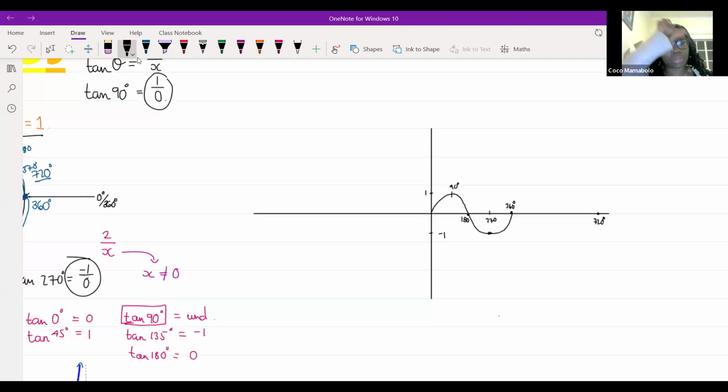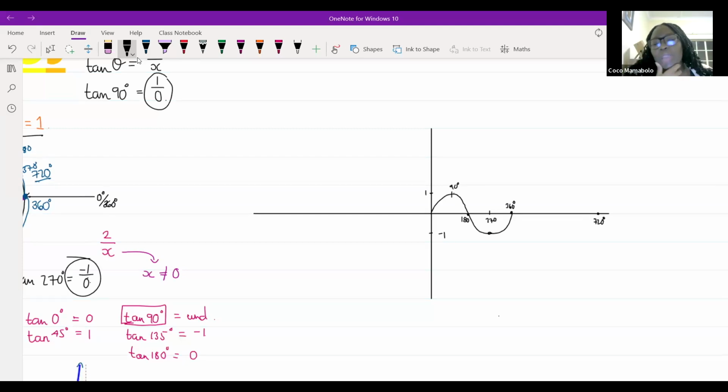I know that from 0 to 360 it goes up, comes down, back to 360. What would it look like if I went from 360 to 361 and I kept going? What would my graph look like? What are we thinking?